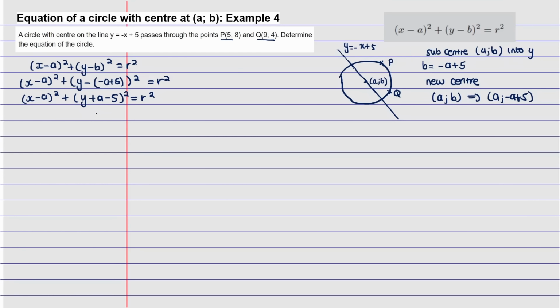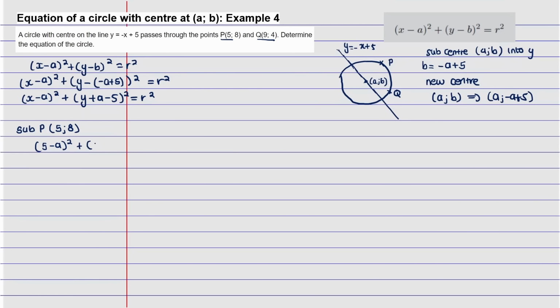So now our equation is only in terms of a. Remember, we want simultaneous equations, so I'm going to substitute P to get my first equation. When I substitute P, which is (5, 8), we're going to have x as 5 minus a all squared.